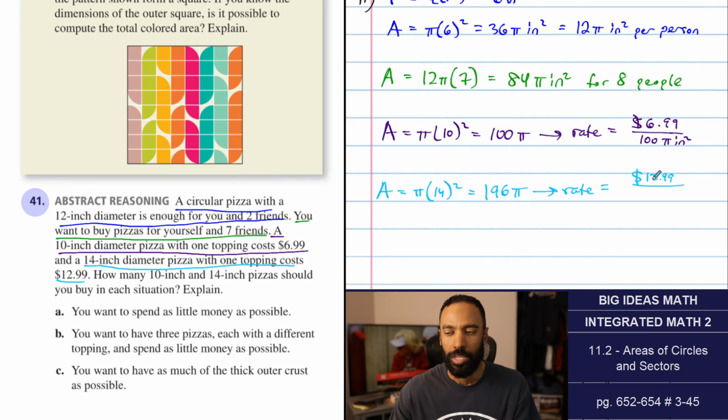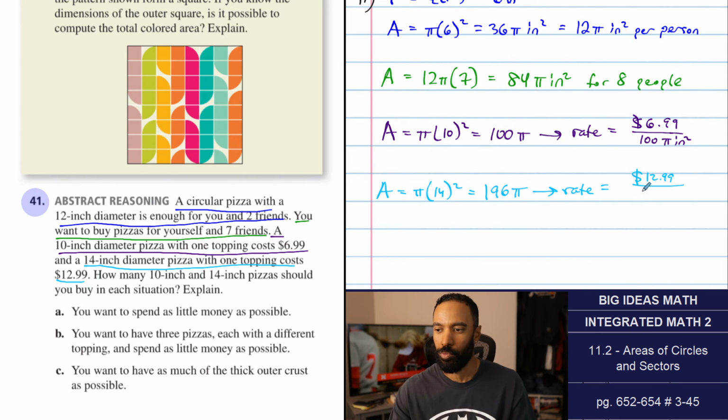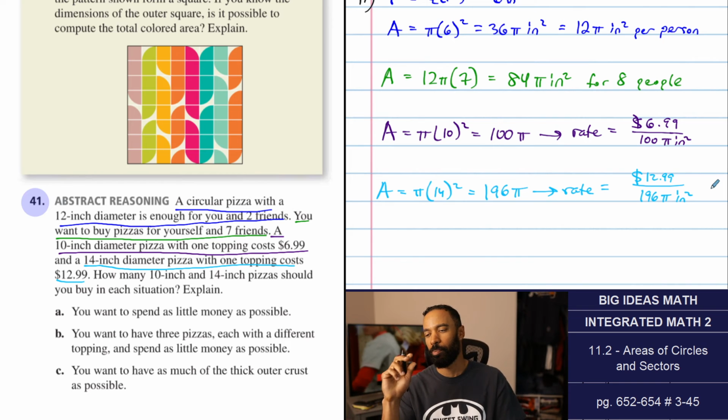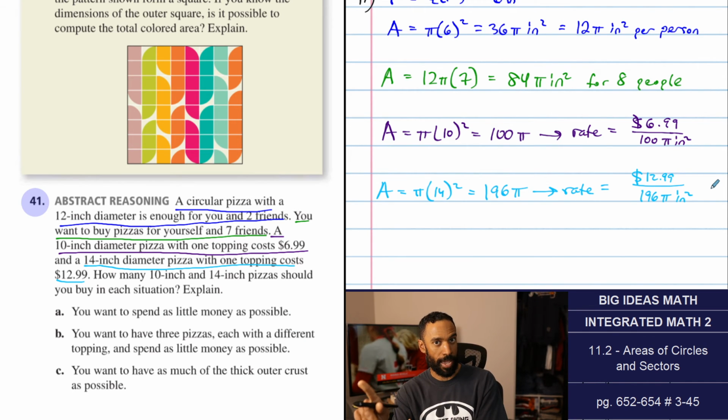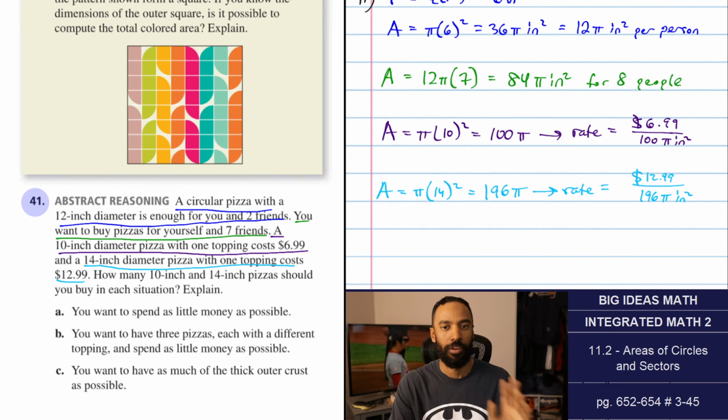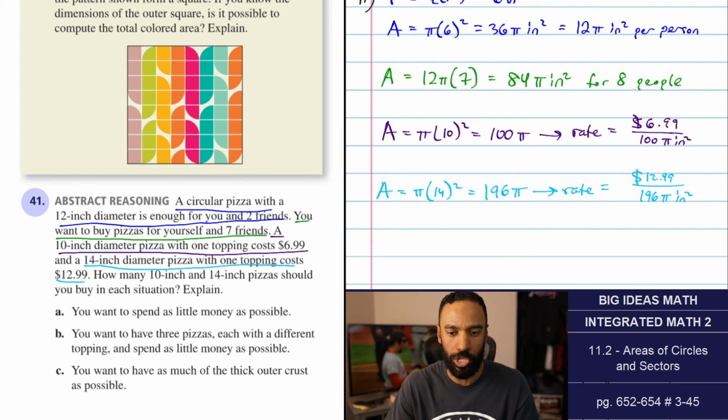So that rate is $12.99 over 196 pi. I know we might speak on dollars per square inch, but just keep in mind you want to minimize the number of dollars per square inch when we do this. For the sake of humor, I'd like to see what those are rounded.